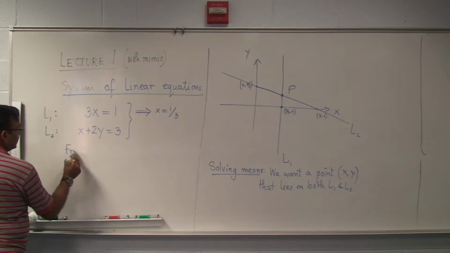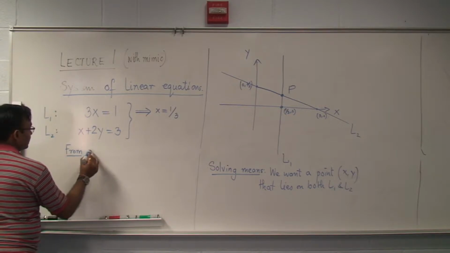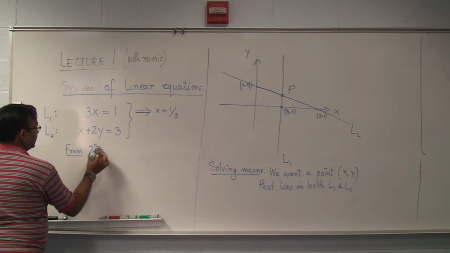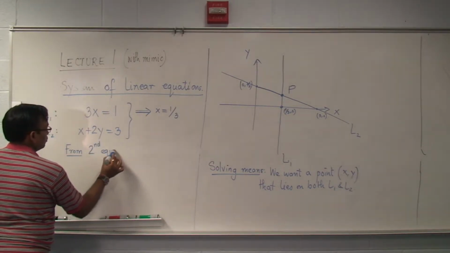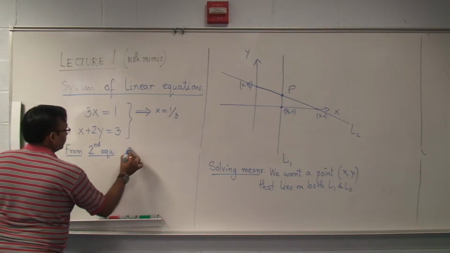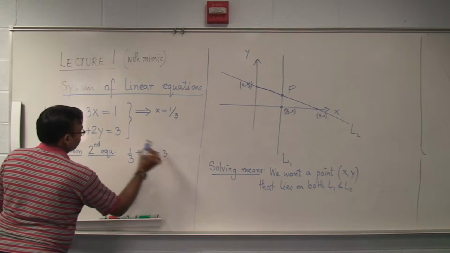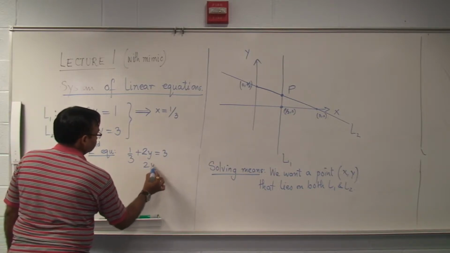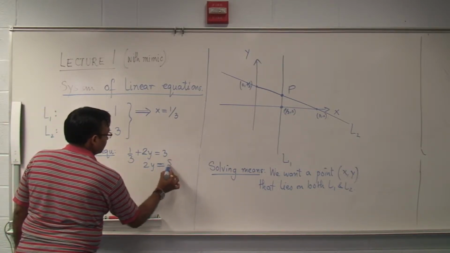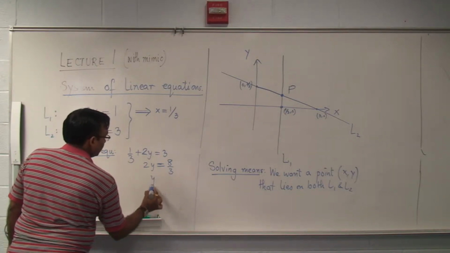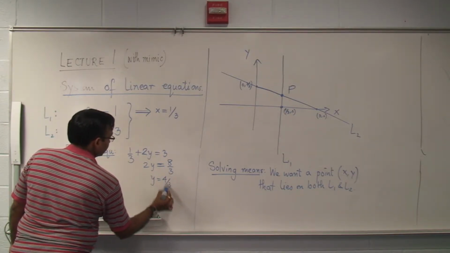So if I do this from the second equation that I have, I will get 1/3 + 2y = 3. So y would turn out to be 4/3.